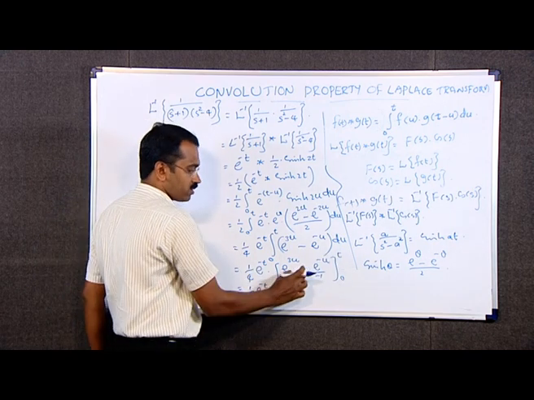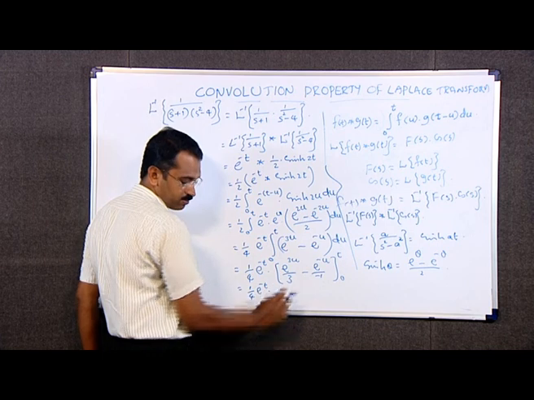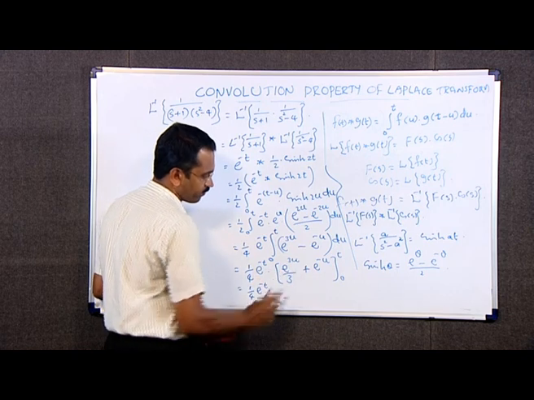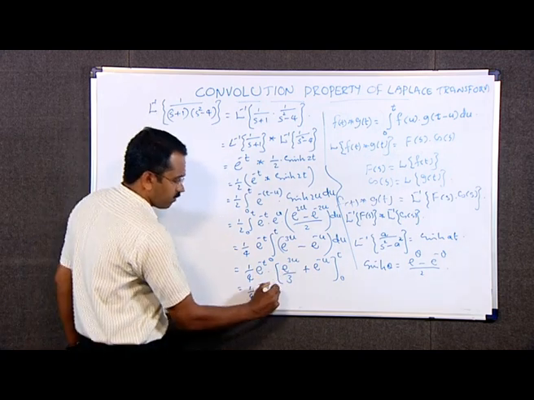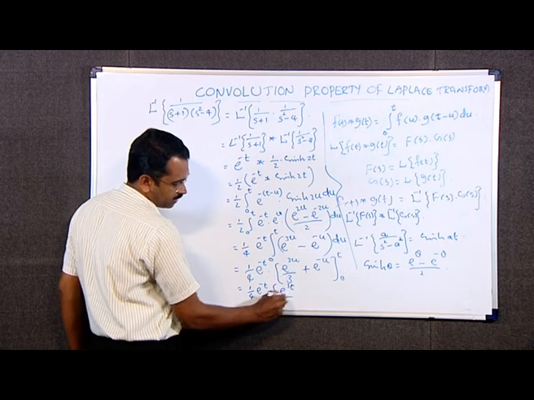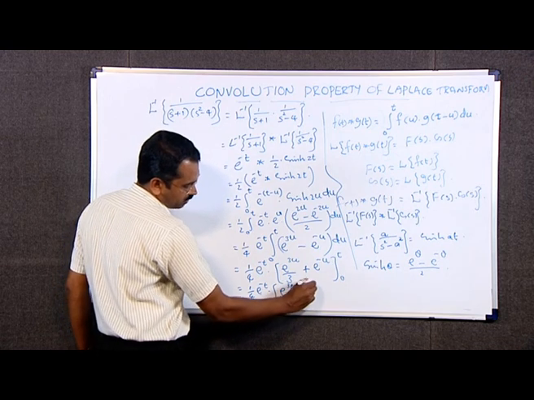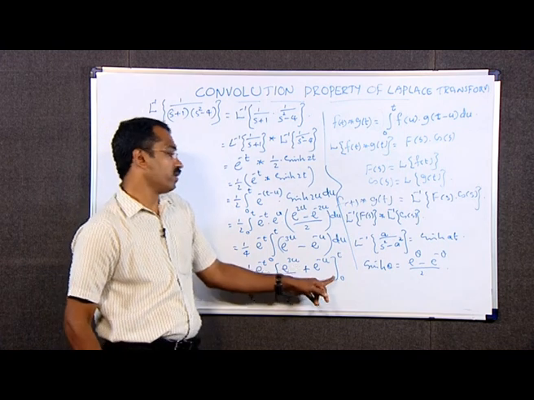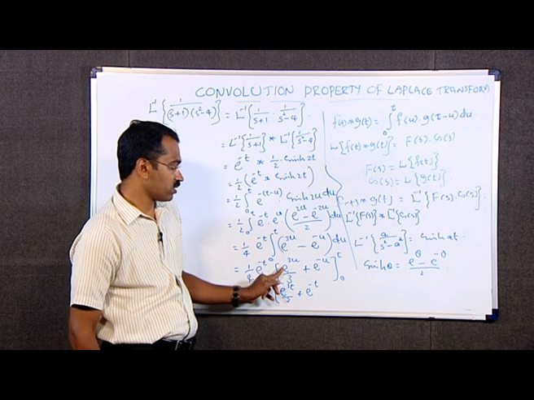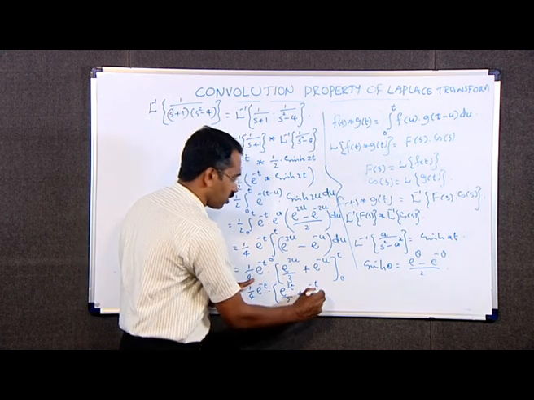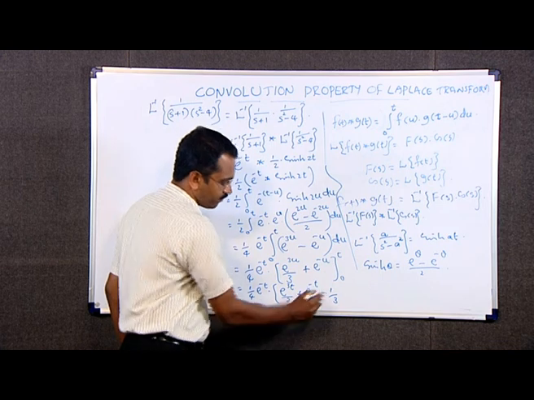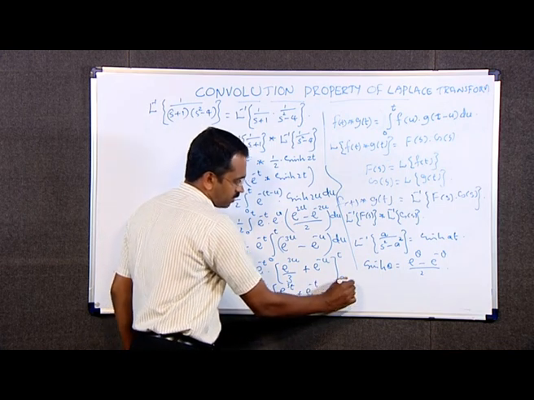Minus of minus means plus e raised to minus u. When we apply the upper limit t, we get e raised to 3t by 3 plus e raised to minus t. When we apply the lower limit 0, e raised to 0 is 1, that means 1 by 3, minus 1 by 3, minus this 1.